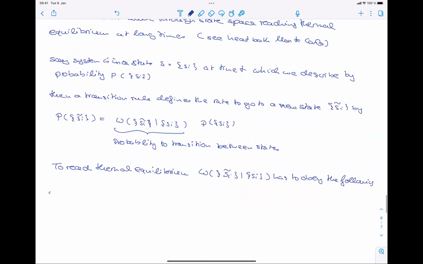Okay. So first of all, they need to be Markovian. So far on vocabulary, that makes up Markov chains. Very important term. Markovian means that the probability to move to a new state doesn't depend on the past.